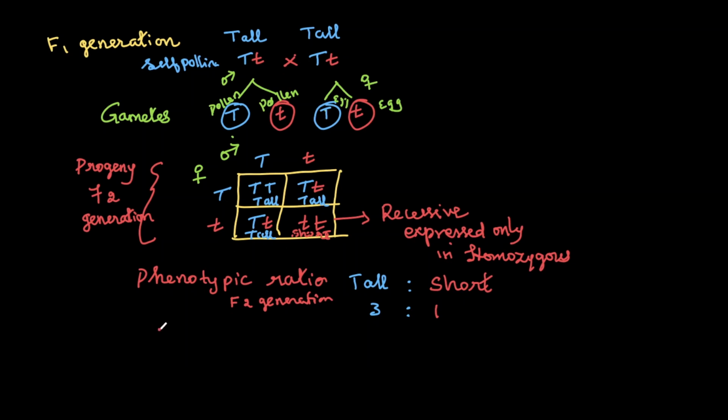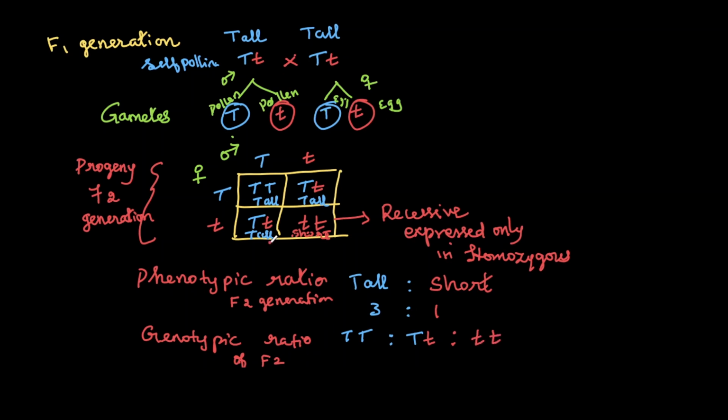But the genotypic ratio of F2 generation is equal to, genotype means we have to write the gene combination. What are the gene combinations? This one different, this one different. Both are homozygous, but heterozygous we have two. So we can write capital T capital T is to capital T small t is to small t small t.